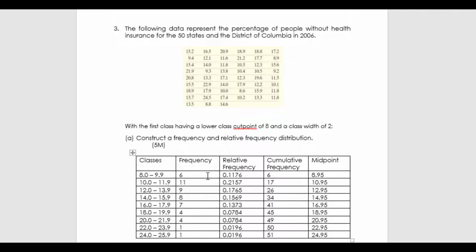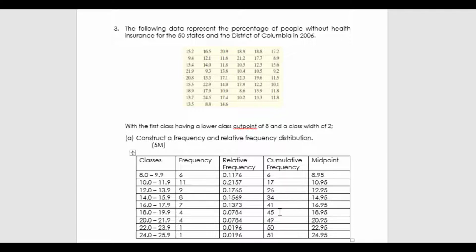Frequency basically groups the data into its appropriate classes. Relative frequency is the frequency over the total, the sum of the frequency. Cumulative frequency is a number whereby the frequency before it is added to it.